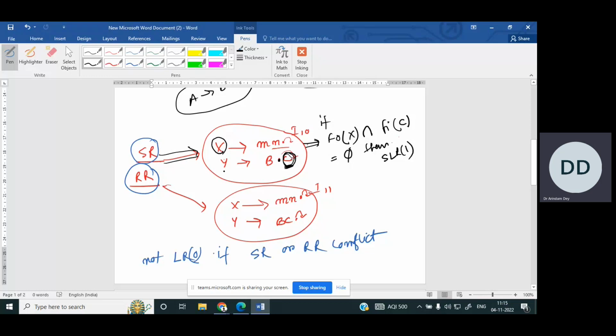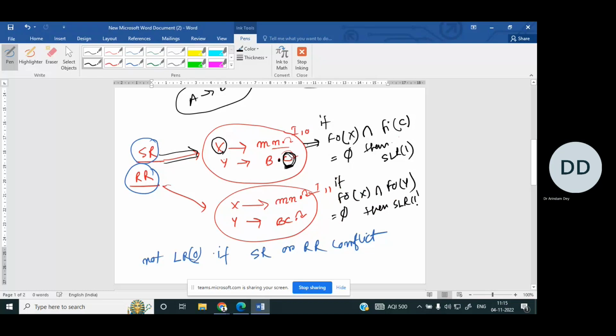Here Y was not reduced, that's why I take the first of C. For the RR conflict, X and Y both are reduced. So we will take the follow of X intersection the follow of Y. And the same ideology we will check. If equal to phi, then SLR1.